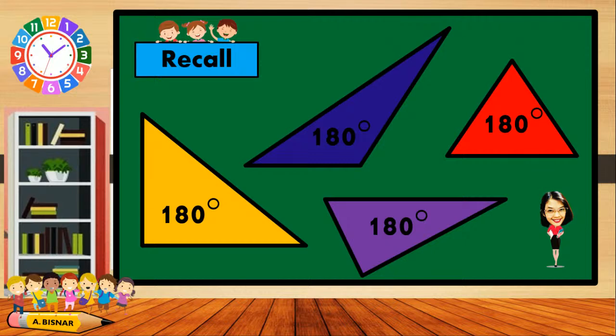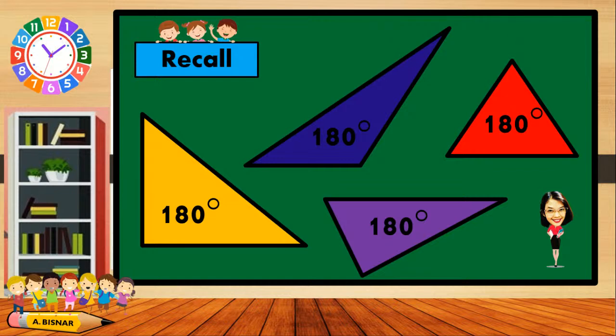Ibig sabihin, kahit gaano kalaki, kahit gaano kaliit, kahit magkakaiba ang itsura ng mga triangles, the sum of it is always 180. Nakukuha po ba yung idea? So, kahit magkakaiba sila, pero lahat sila ay triangle, ang total palagi ay 180 lang.